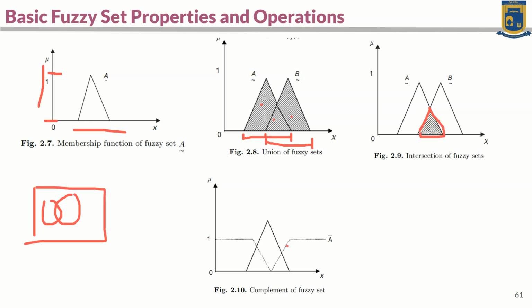And look at the complement. What do you think the complement is actually doing? Look at the diagram carefully and tell me what you think the complement is doing. Yeah, but the complement has been turned upside down. Right, an opposite.